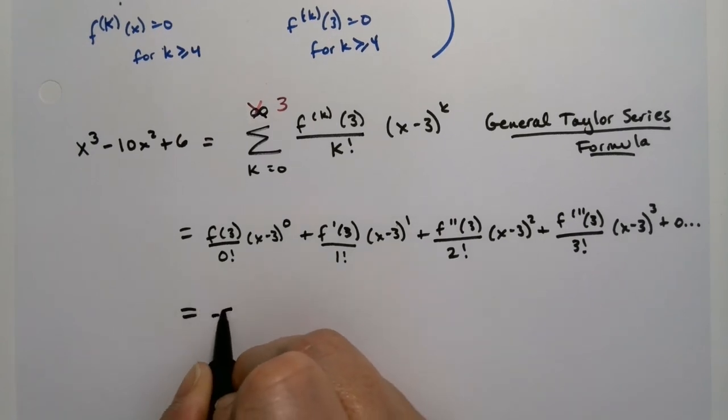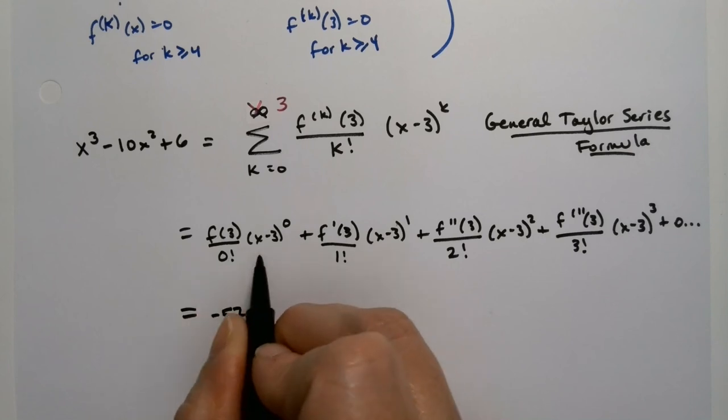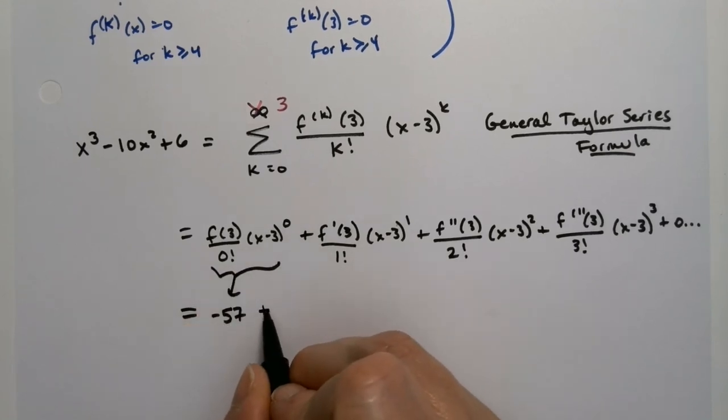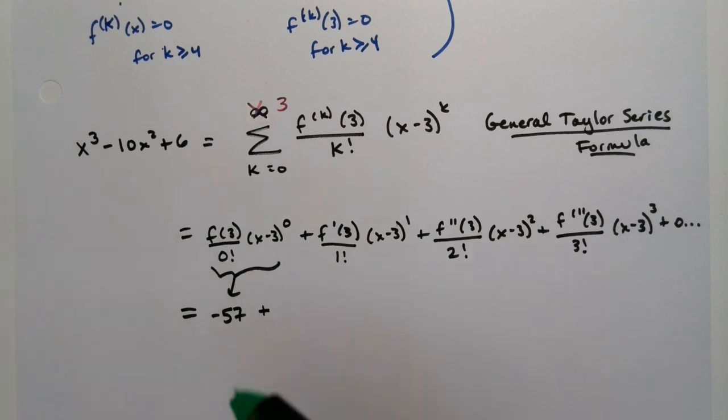All right, so this is negative 57, right? That's all that whole term is, negative 57. Plus, and then, oh, actually minus, because it was negative 33, right? It's up above.